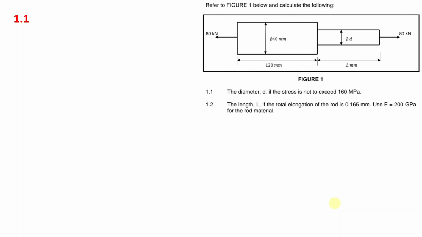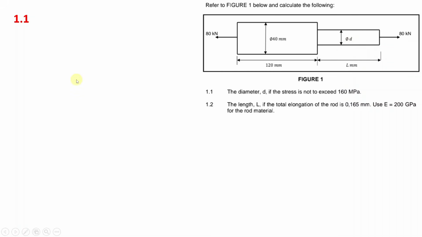Now, we know that stress is maximum where the diameter is the smallest, or where the cross-section area is the smallest. In this case, the stress will be maximum here because that is where you have the smallest cross-section. You can look at the way the drawing is looking. Where the diameter is D, that's where you have the smallest cross-section. So you need to find that value for D.